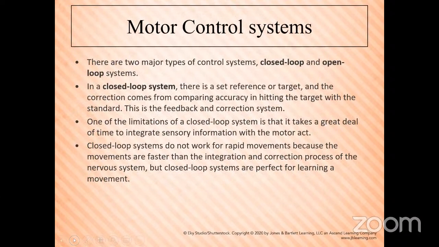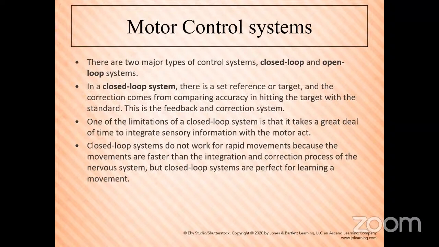Last time we also read about closed loop and open loop motor control systems. In a closed loop system, there is a set reference or target, and the correction comes from comparing accuracy in hitting the target with the standard one which is already there. This is the feedback and correction system. One limitation of the closed loop system is that it takes a great deal of time to integrate sensory information with the motor act.